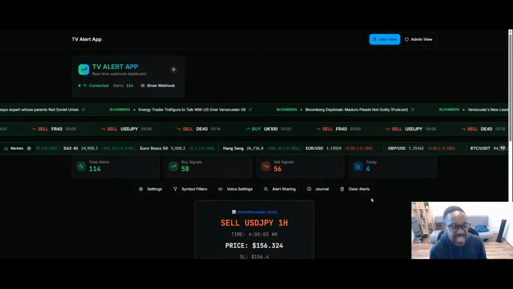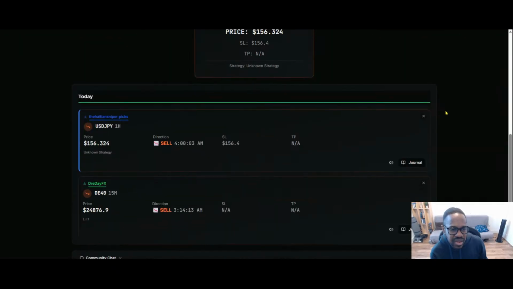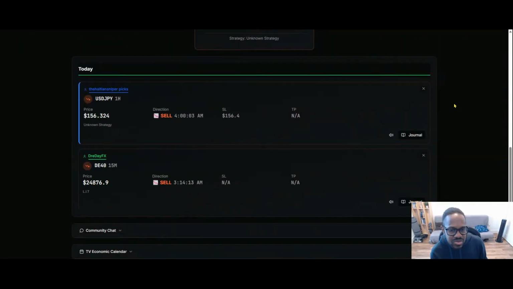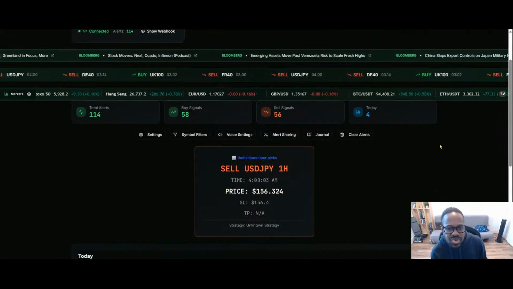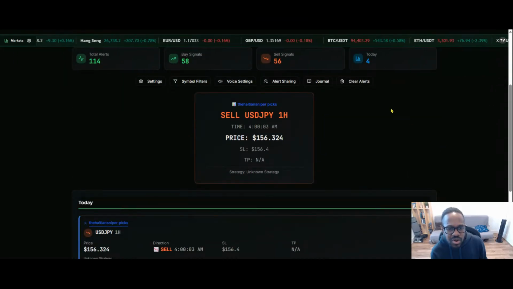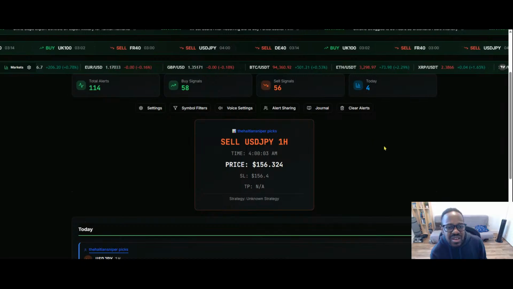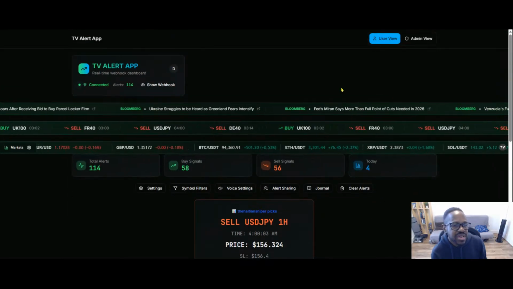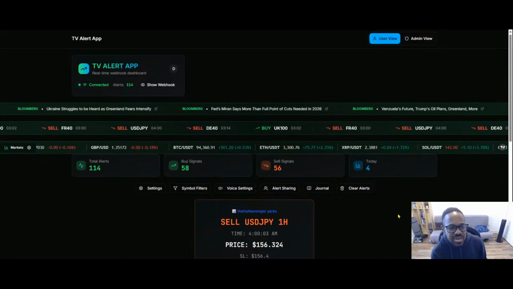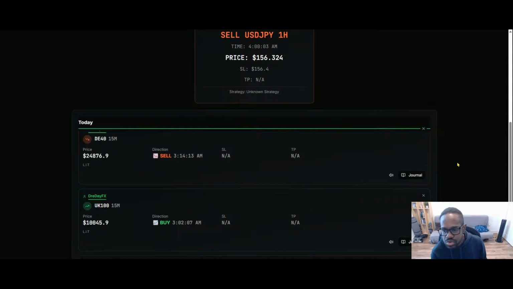This app provides you with alerts coming from my TradingView indicator, and as you can see, other traders are using it also for their own setups. We had a USDJPY 1 hour trade at 4 o'clock this morning, Eastern Standard Time, for the Asian Sniper. This is one of my associates that I'm working with in regards to automation, so I also do automation.